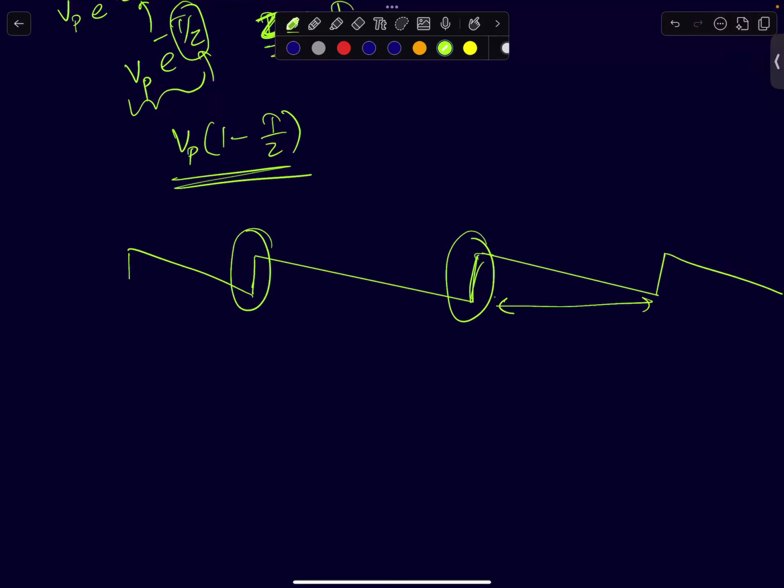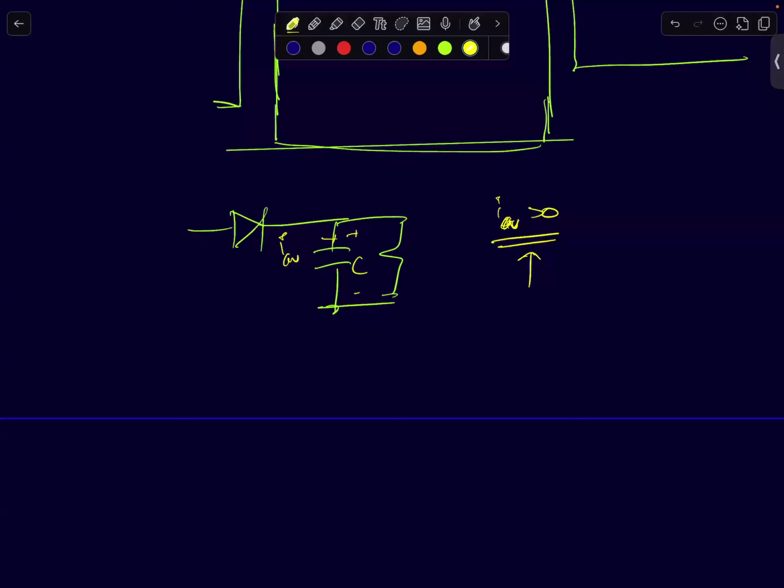Just use some basic intuition. Ideally, the capacitor voltage will just start increasing linearly, right? It will always rise. Or if I say that the average current is less than 0, it will always keep decreasing. It will either rise or decrease.